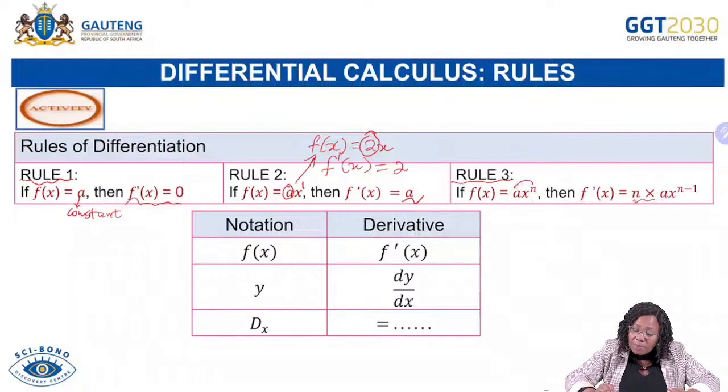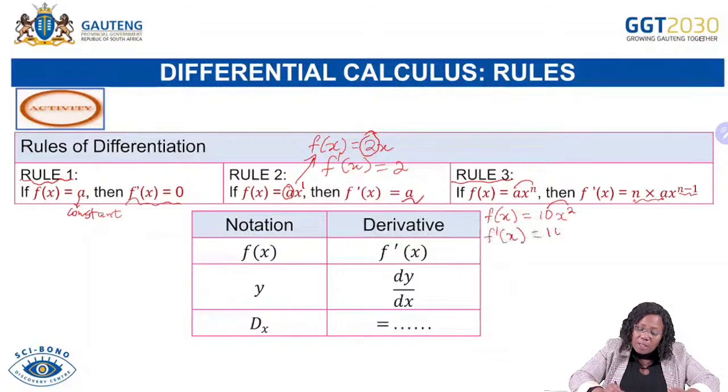That is what is happening here. And then from your exponent, you subtract 1. That is exactly what is happening. So what does that mean now? It means if I have f at x equal to 10x to the power 2, this rule states that I have to multiply 10 times 2 to get an answer for the derivative of that.